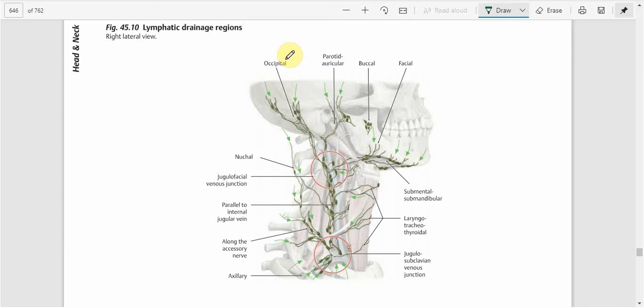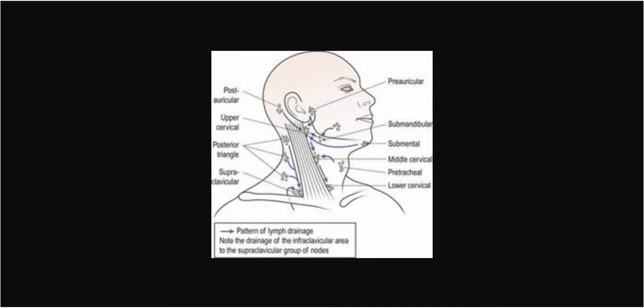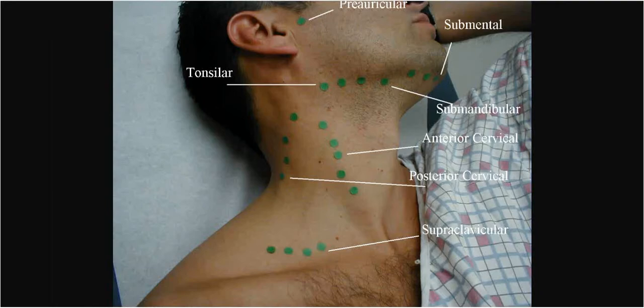So these are going to be draining into the postero-inferior group of deep cervical lymph nodes, and among them which particular group? The supraclavicular. And I had this image over here. Yeah, these are the supraclavicular lymph nodes of the postero-inferior group.